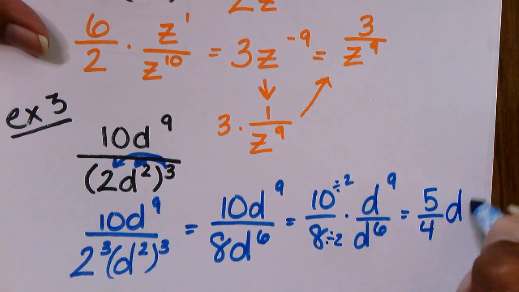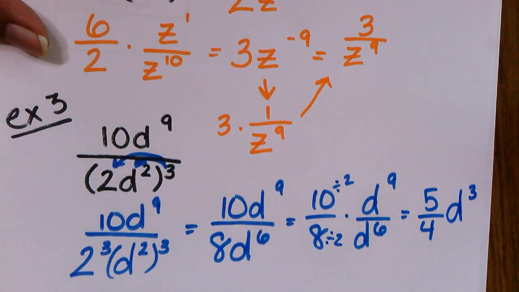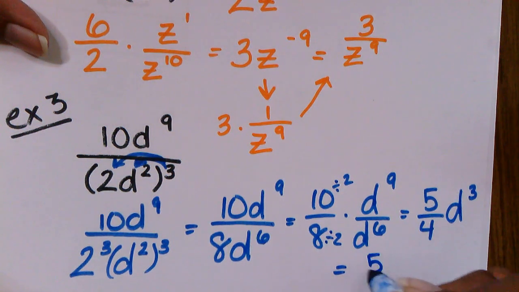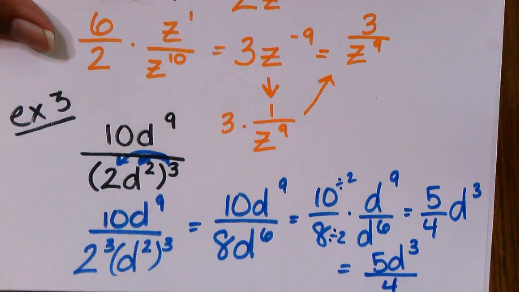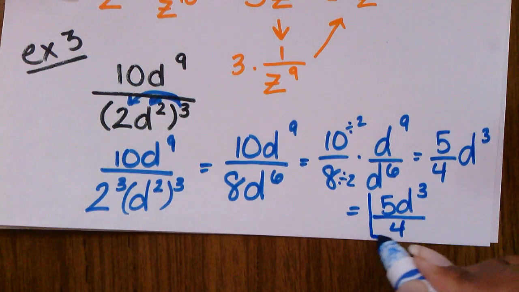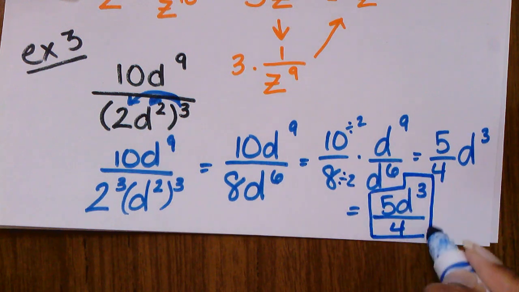So this will be d cubed, or d to the 3rd power. And again, I can just rewrite that whole expression as 5d cubed over 4. So that would be our final answer here in our box.